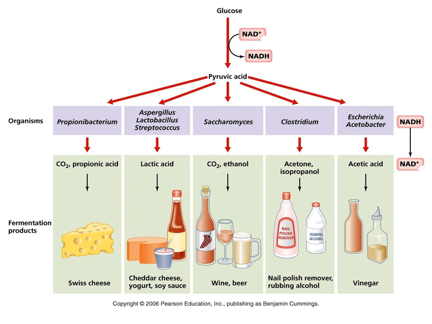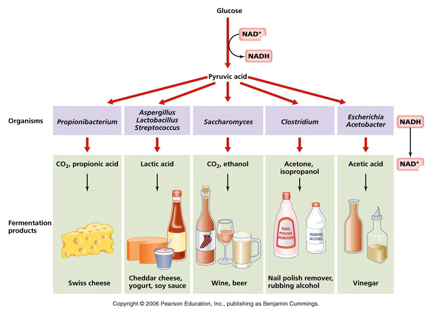Listed in this slide are several waste products for cells that go through fermentation. Propionibacterium will produce Swiss cheese. Aspergillus streptococcus will produce lactic acid, which is used to make soy sauce and cheddar cheese and yogurts.